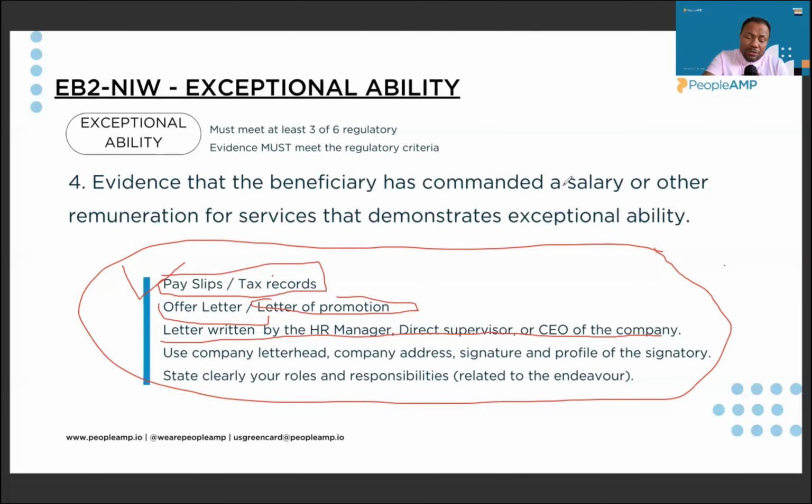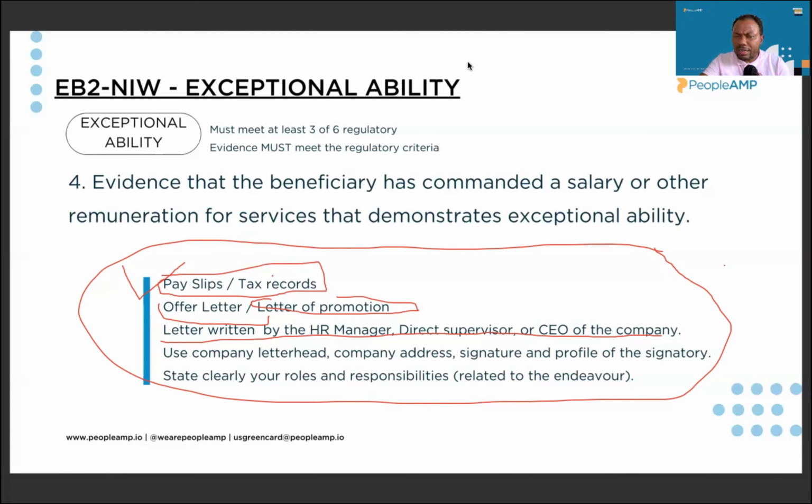For some people who have done some work on a contract basis, attach your contract letter. And if you have invoicing or payment receipts, then you can also attach that. That's going to be a very good one for you to demonstrate that you have been paid for the service. And those are the ways in which you prove yourself for this evidence 4.